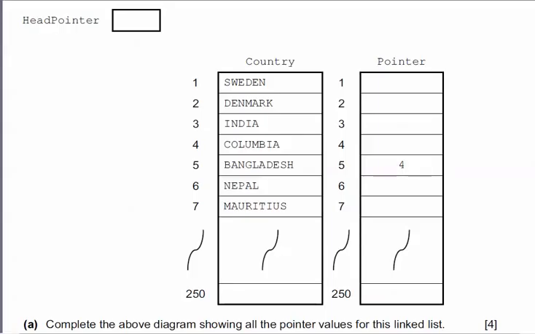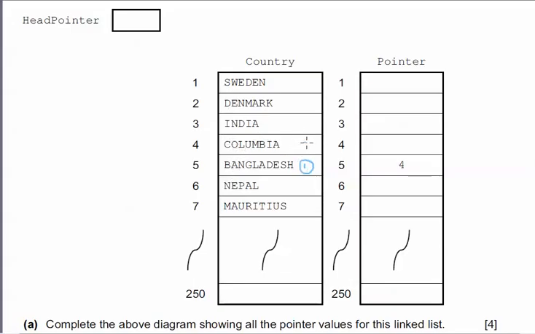Right. So basically, this list needs to be in alphabetical order. We know that. Well, let's just have a quick look. Bangladesh looks like the first one. That's a B. Okay, so I'm just going to make a note here. 1.